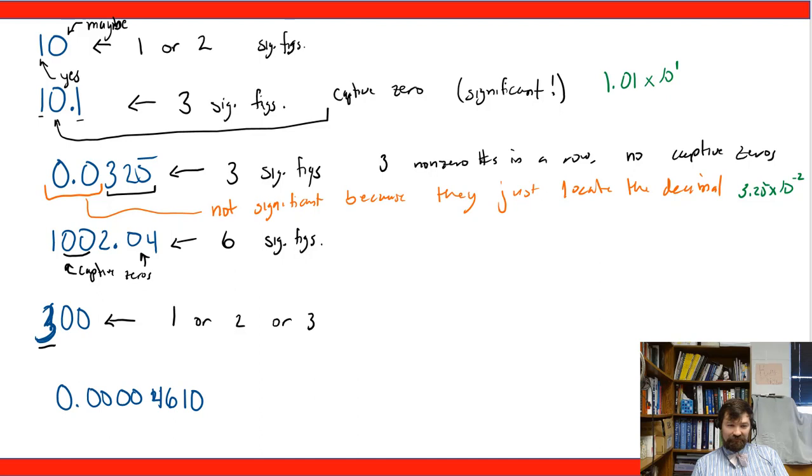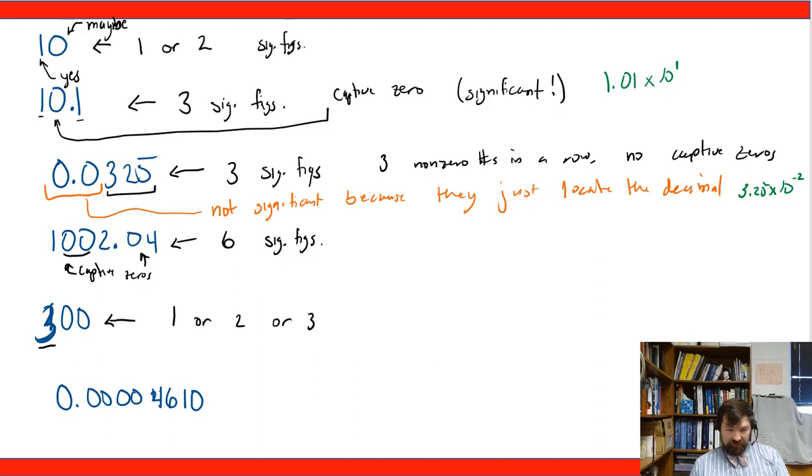But this number could be 300 as distinct from 290, 280, 310, etc. But not as distinct from 301 or 299, in which case you have 2 significant figures. Could be 300 as distinct from 299 and 301, in which case all three are significant. Or it could be 300 as distinct only from 100 and 200, in which case there's only one significant figure. You'd need to write it in scientific notation to know how many for sure.